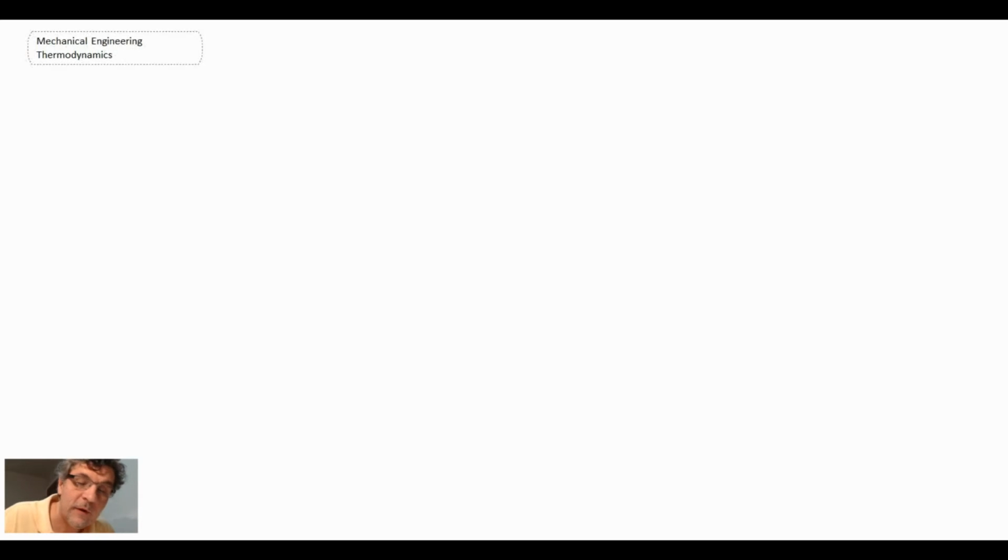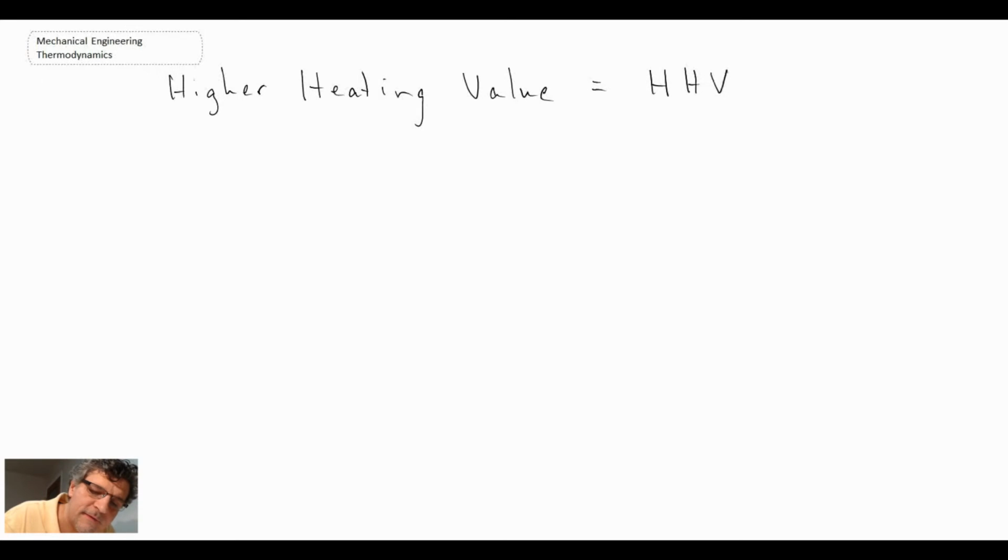So when we talk about heating value, we can have a higher heating value, and it is given the symbol HHV, and you'll find tables with higher heating values. But this would be if the water vapor in the product side was in the liquid state.